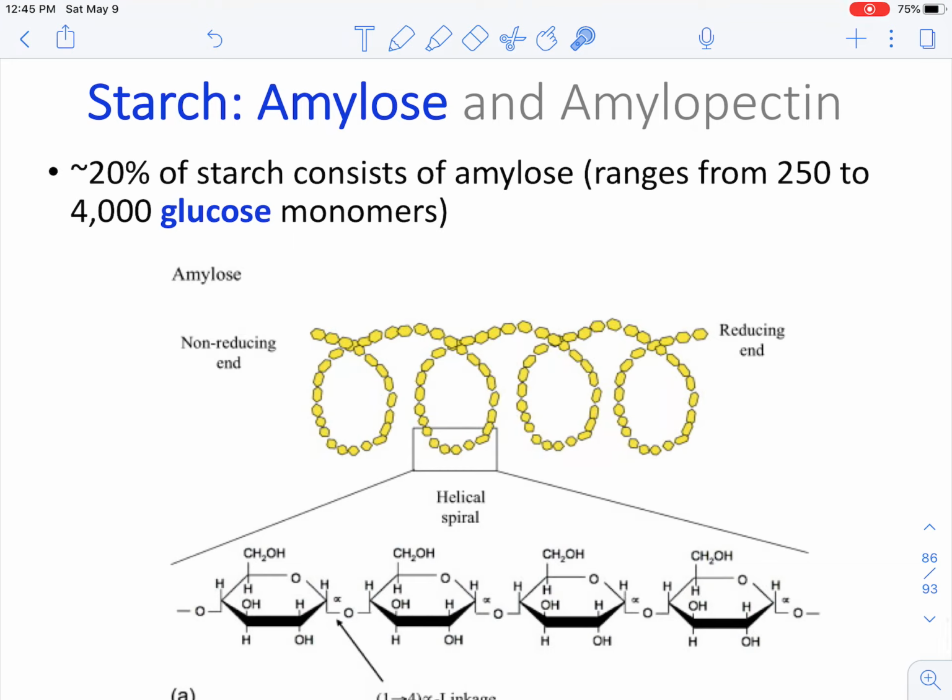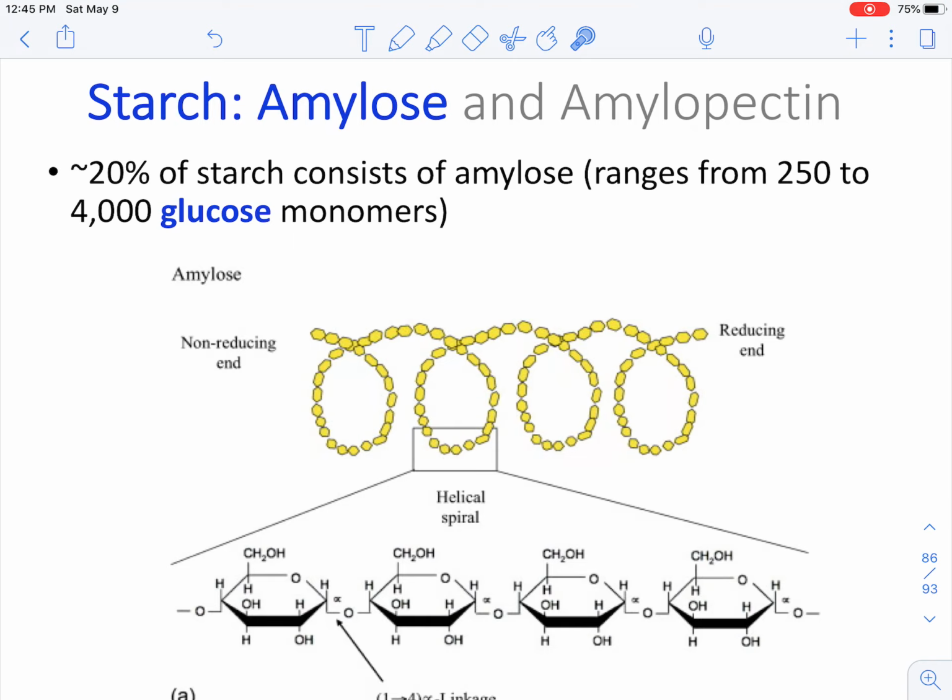And so starch is composed of amylose and amylopectin. And starch is commonly found in specific foods such as rice and potatoes. And that's only to name a few. There are so many examples out there. Let's just stick with a common example.